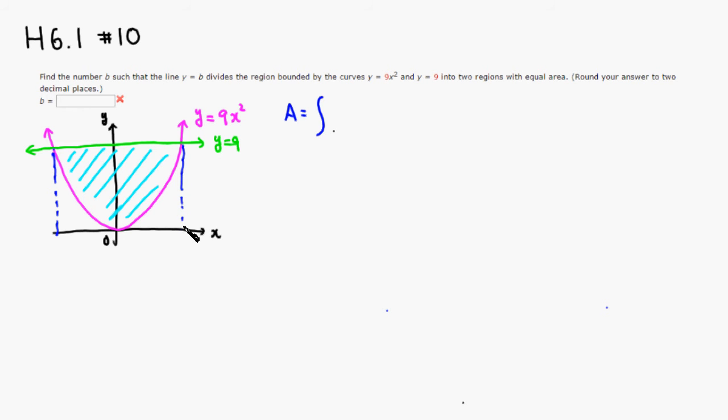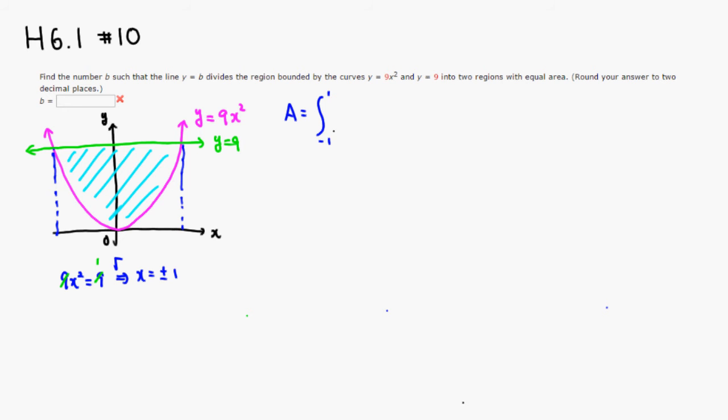We can just set these equal to each other: 9x squared equals 9. Divide through by 9, and you get x squared equals 1. Taking the square root, x is equal to plus or minus 1. So we're going from -1 to 1.